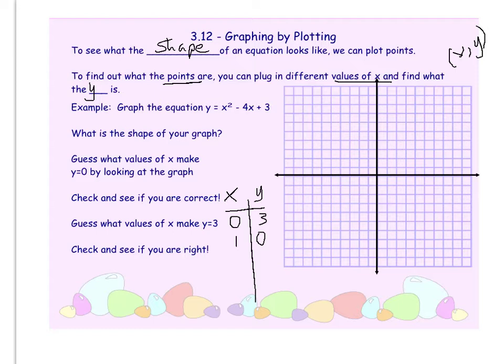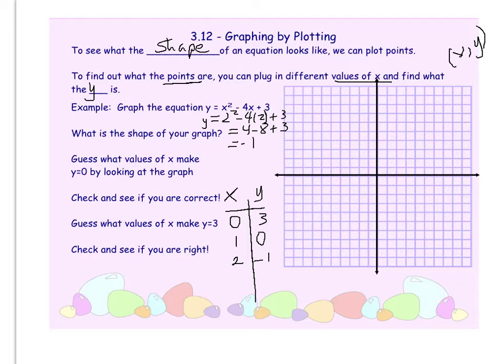Let's do some other points, because we can see the values of y are decreasing. So let's try 2. y will equal 2 squared minus 4 times 2 plus 3, which is 4 minus 8 plus 3. 4 minus 8 is negative 4, plus 3 is negative 1.